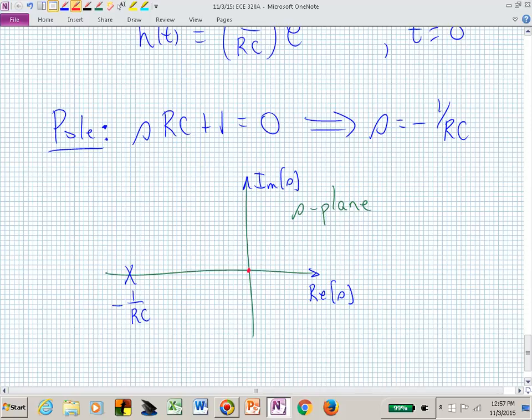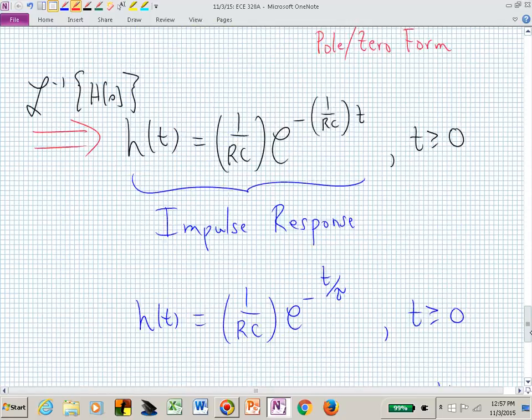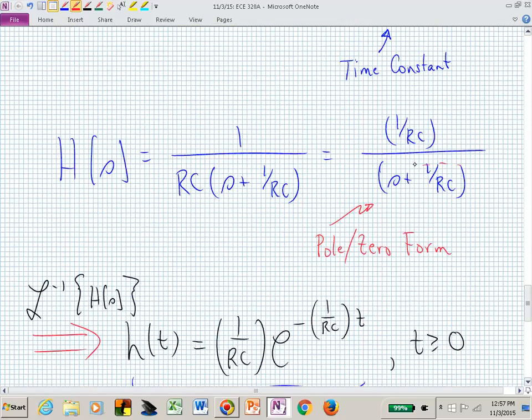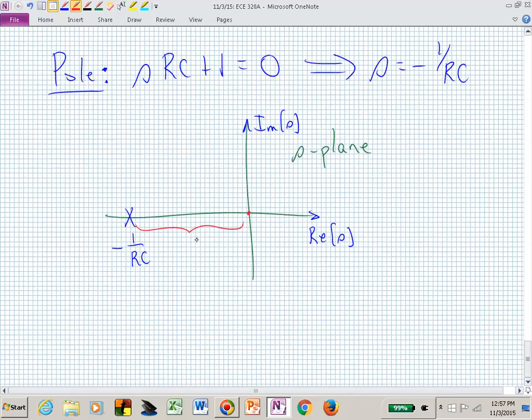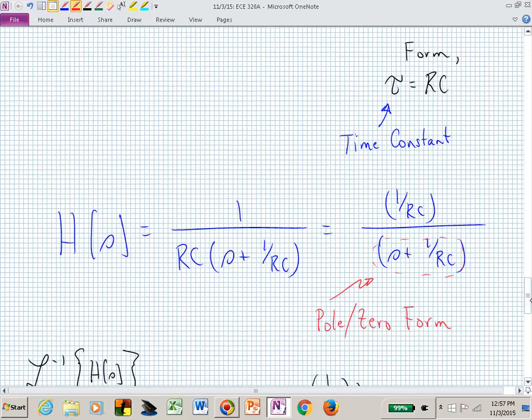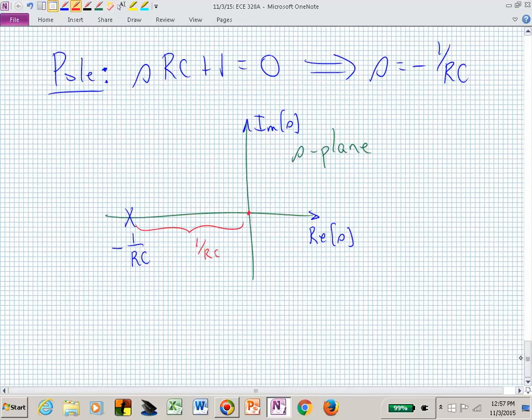Well, we measured the distance from that pole to there, and that's giving us this length. And that length, back to the origin, was 1 over RC. And we divided that into that length.